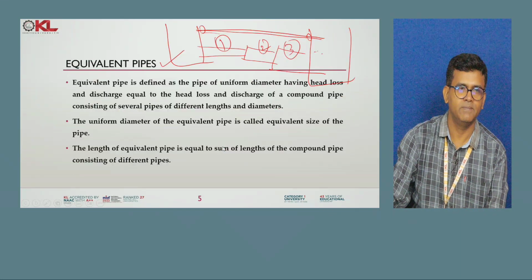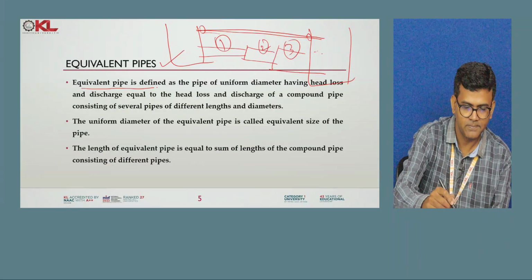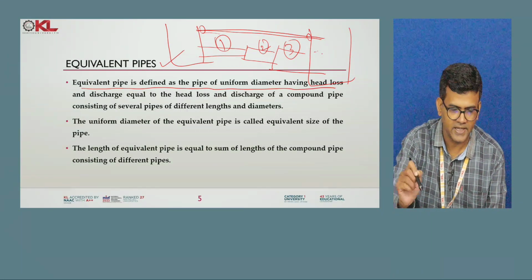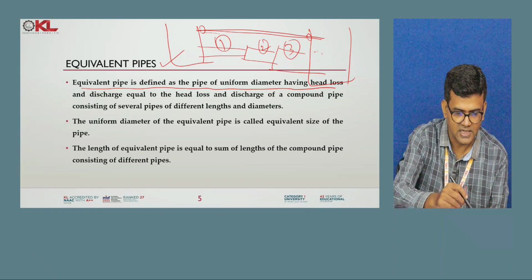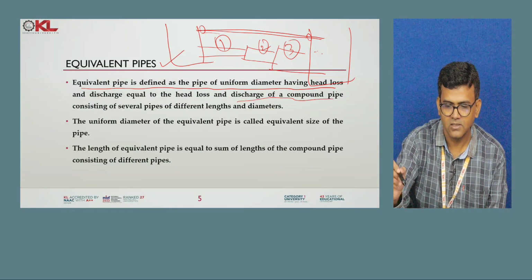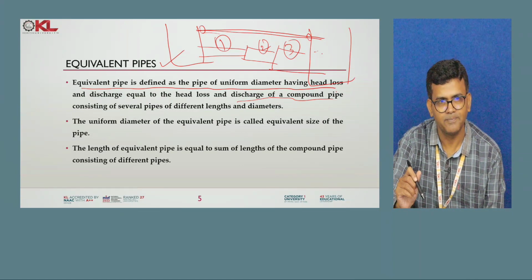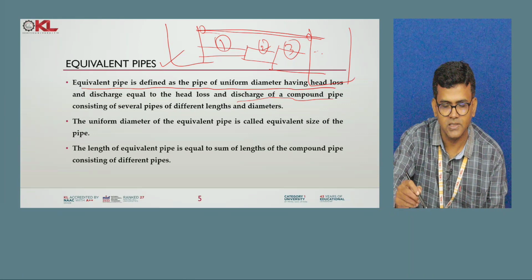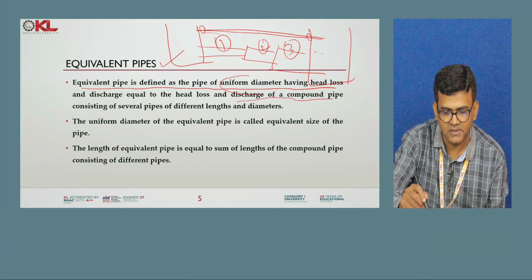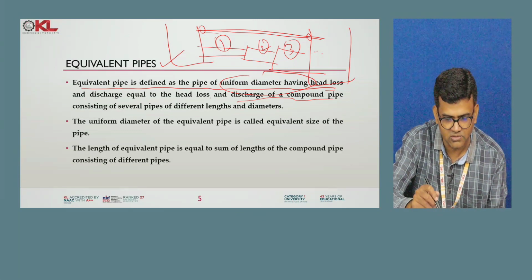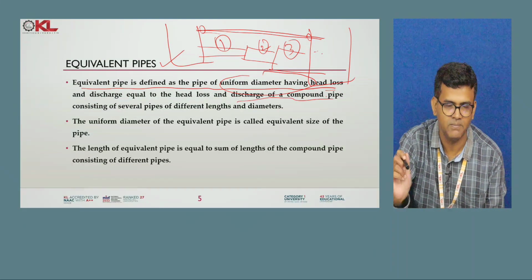This equivalent pipe is defined as the pipe of uniform diameter having head loss and discharge equal to the head loss and discharge of the compound pipe.